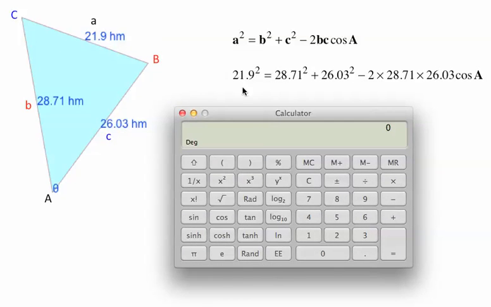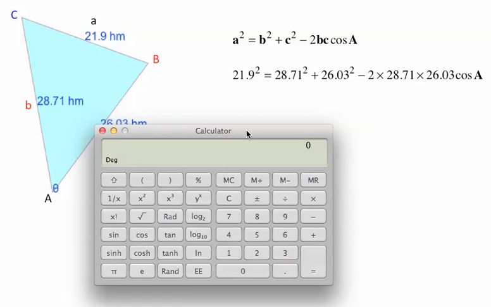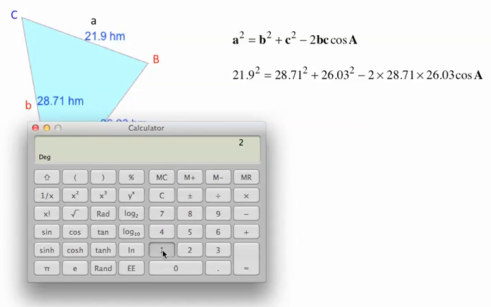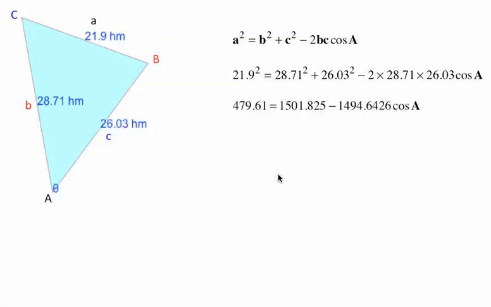Here we have, I'm going to do 21.9 and square it. So 21.9 squared is equal to 479.61. There it is. And then I have 28.71 squared plus 26.03 squared. I'm going to add those together.